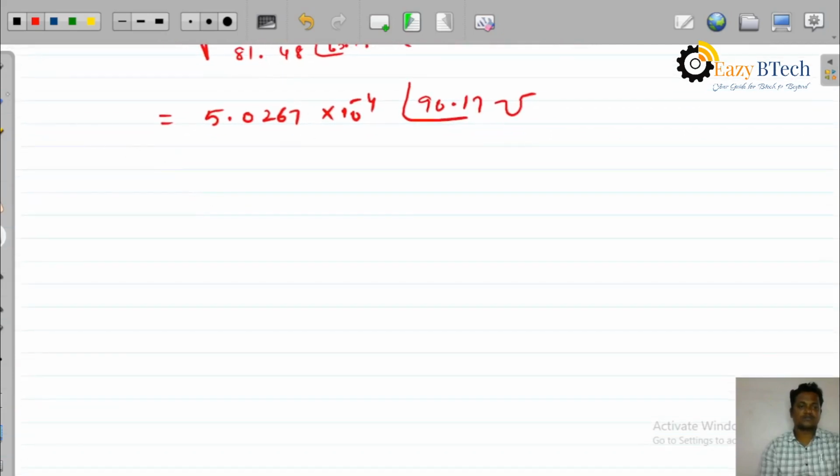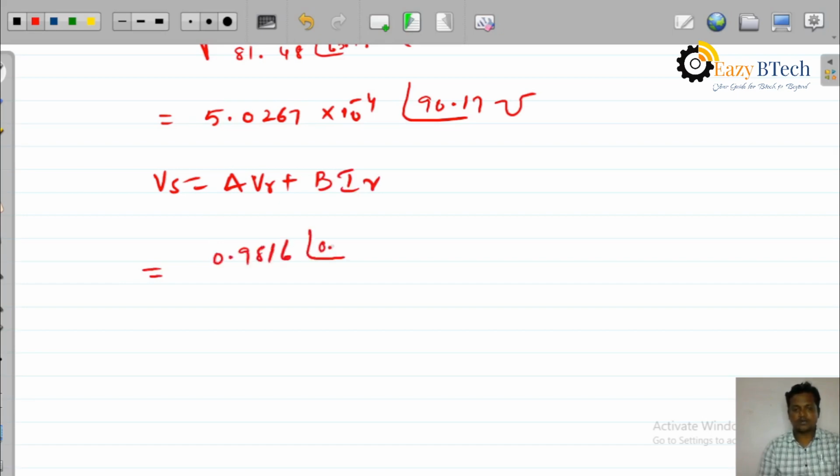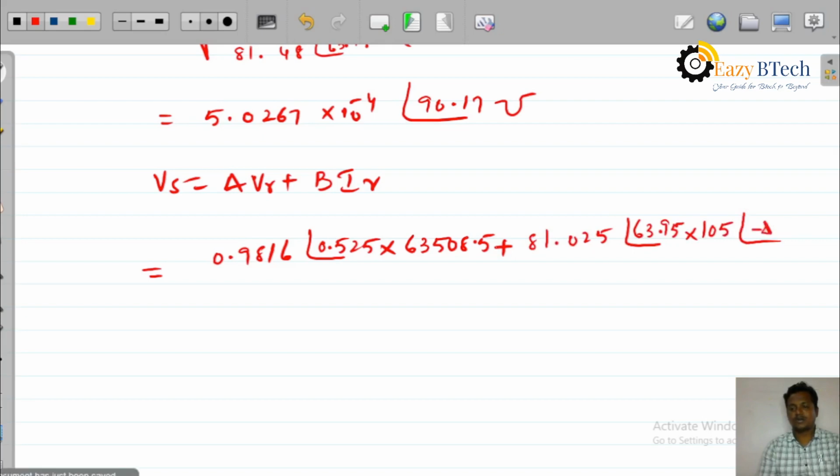Now Vs equals A VR plus B IR. Here A equals 0.9816 at an angle 0.525 into 63508.5, plus B equals 81.025 at an angle 63.95 into 105 at an angle minus 25.84.